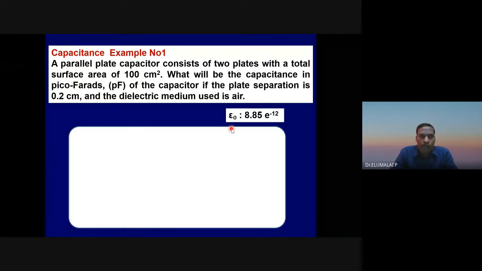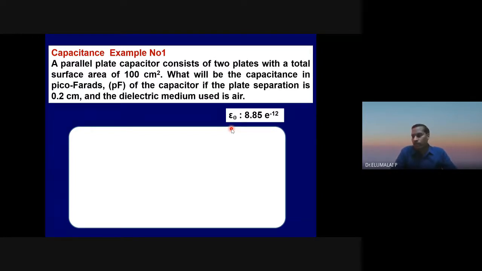What will be the capacitance in picofarads, if the plate separation is just 0.2 centimeter and the dielectric medium is air, with permittivity 8.85 into 10 power minus 12? A simple problem. Please try to work out and give me some number in picofarads.